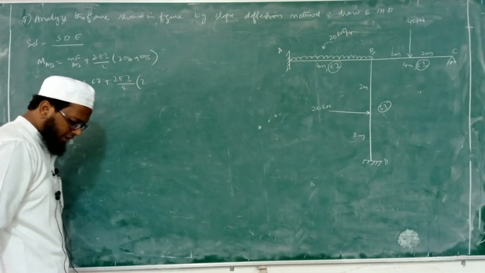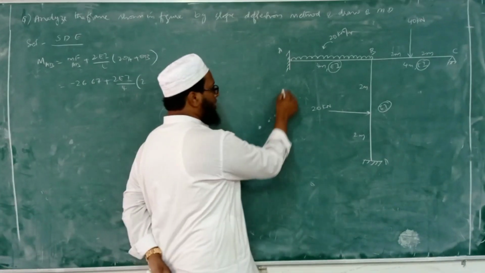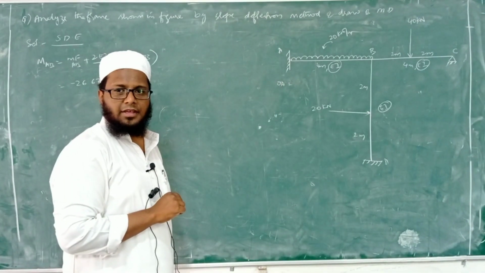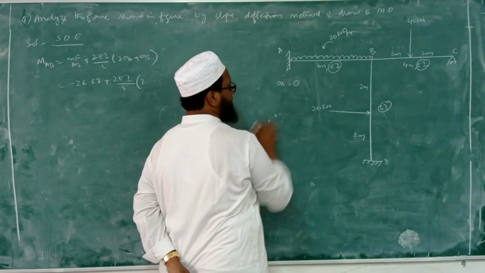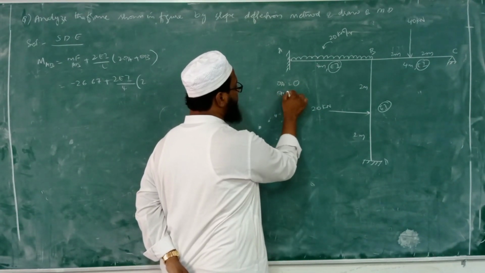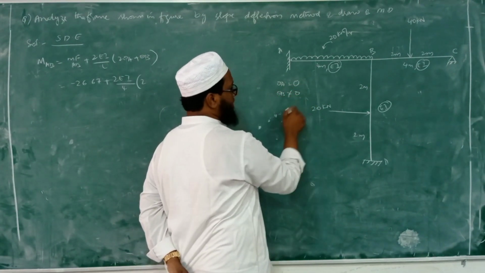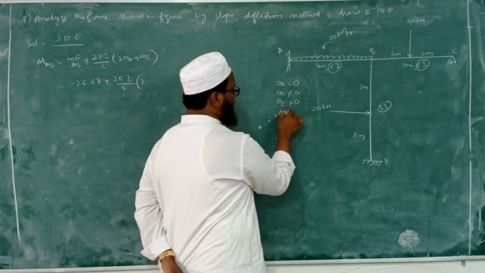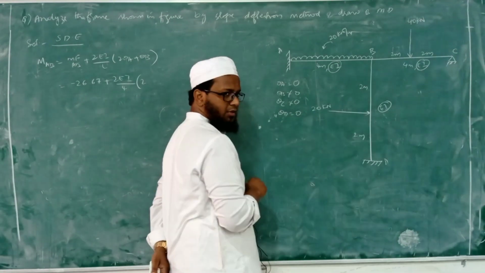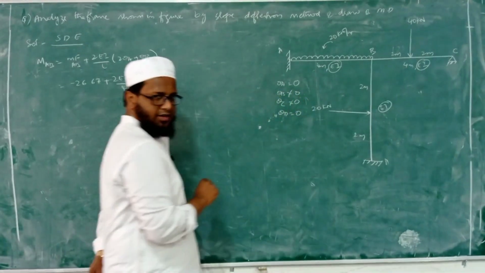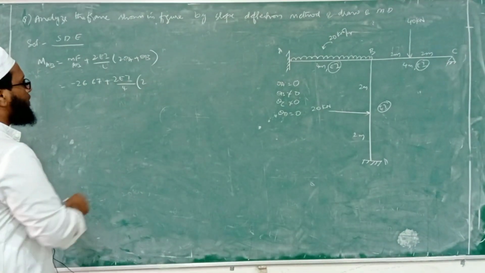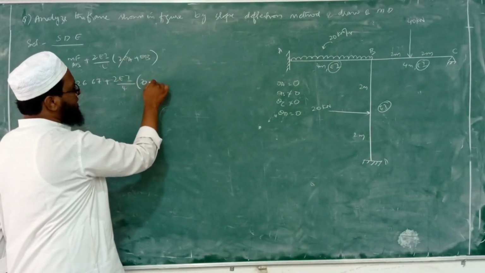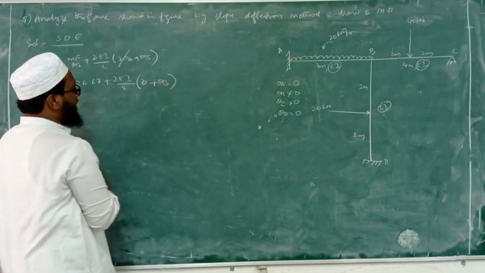In this problem, theta A equals 0, theta B is not equal to 0, theta C is not equal to 0, and theta D equals 0. So we have to calculate theta B and theta C.